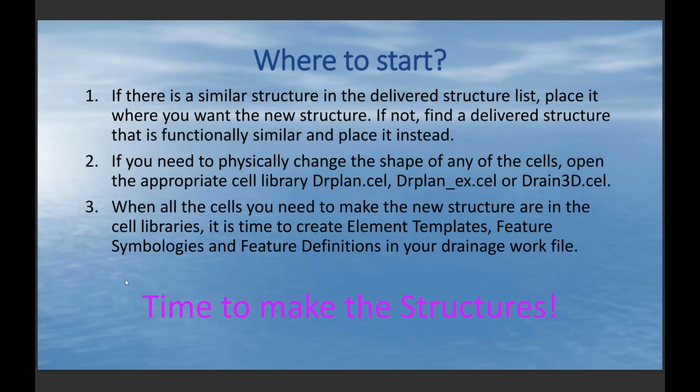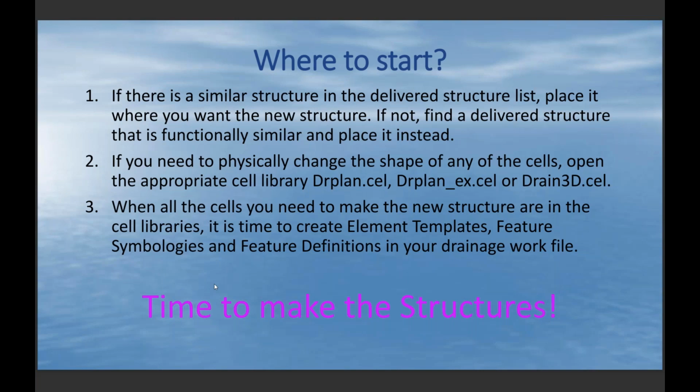The thing that I tell people to start out, if there's a similar structure in the delivered structure list, place it where you want the new thing that you're going to be using. If not, find some kind of delivered structure that is functionally similar. When I say functionally similar, I mean, if you're doing something that modifies an inlet, try to use an inlet to start out with in your modification.